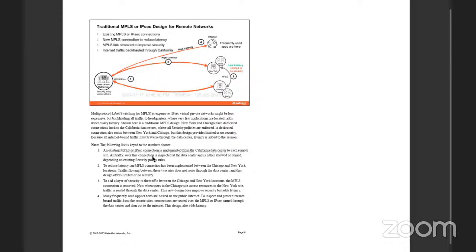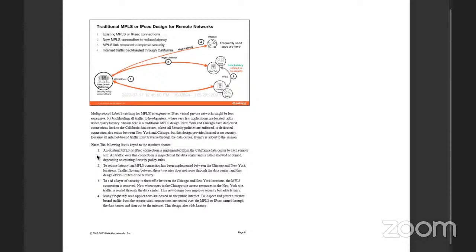Because if a user is in New York and wants to access something, the traffic will first go to California. Then from the California data center, it will be inspected and it will go to the internet. The same thing applies for the Chicago branch office as well. So a Chicago user will also access something over the internet. The traffic will first come to the data center in California, where it will be inspected. And from there, it will go towards the internet.